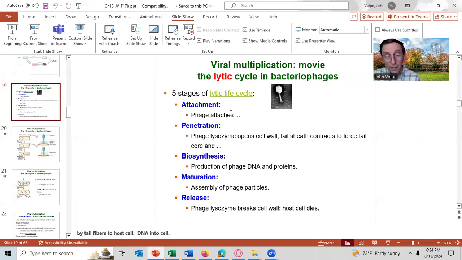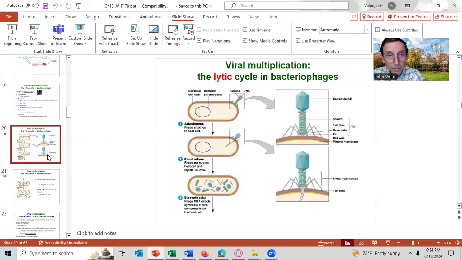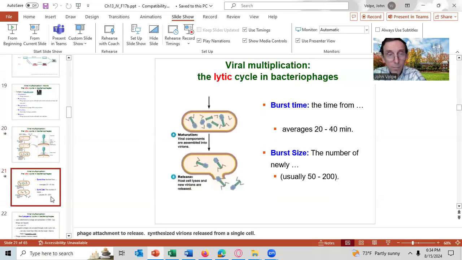I mentioned the bacteriophage T4 only has the lytic life cycle. Bacterial virus lambda is a lysogenic virus, and it can either follow the lysogenic life cycle or the lytic life cycle. Any question about any of that? All right.